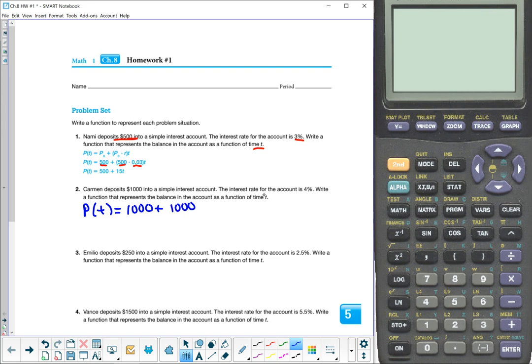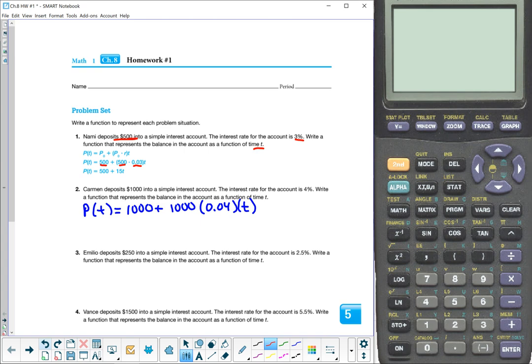The interest rate for the account is 4%, so we're going to multiply that by 0.04. Write the function that expresses the balance in the account as a function of time, and then times it by that time. So basically, that's all it is. And later on, when you figure out how much time you want to go by, then you'll put in a number for the t. That's pretty much all there is.